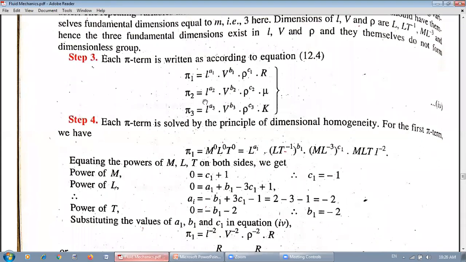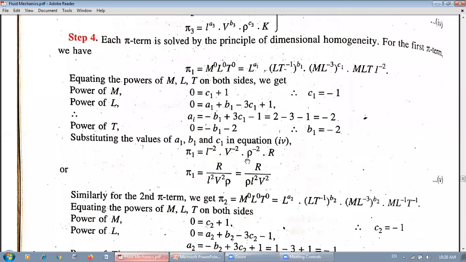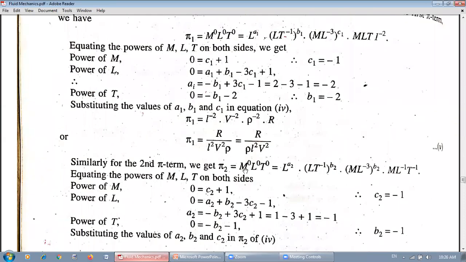Pi2 is equal to L raised to A2, V raised to B2, rho raised to C2 into mu. So these are the three repeating variables, and one more is the non-repeating variable. Now instead of R, there is a mu. So pi2, the dimensions of pi2, are M raised to 0, L raised to 0 and T raised to 0, which is equal to, it is the same, L raised to A2.